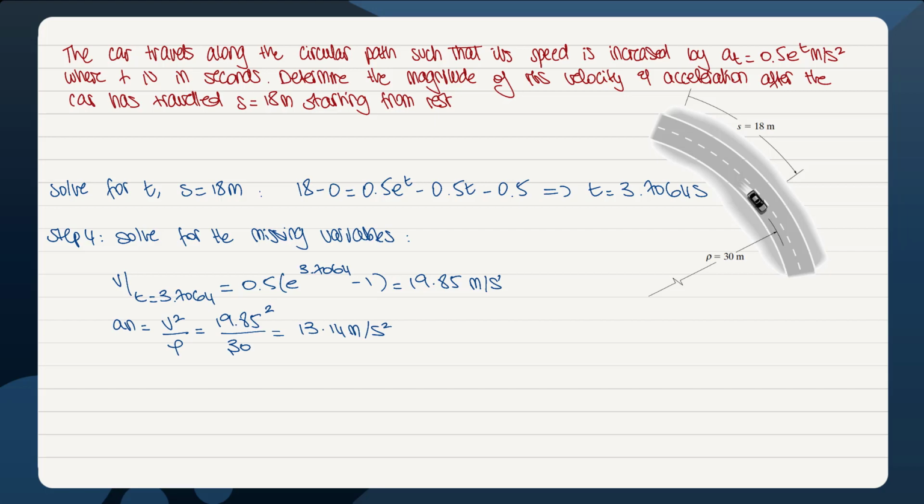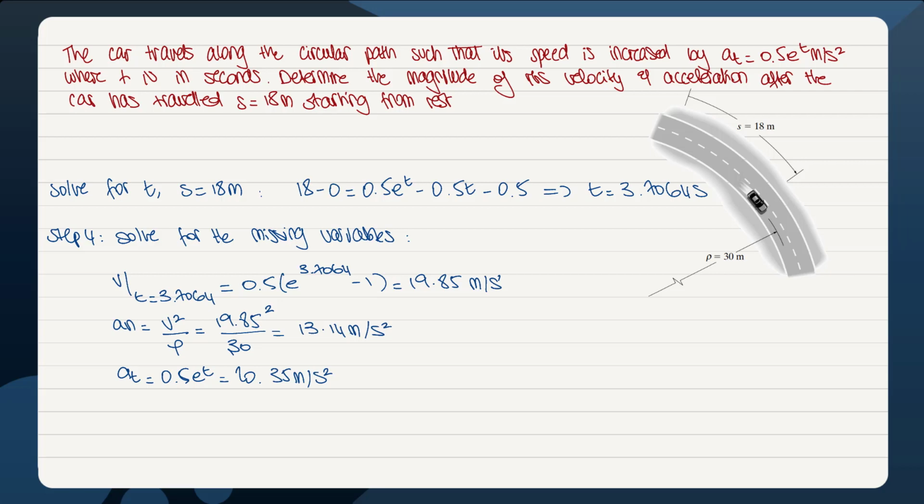Doing the calculation, we get an = 13.14 meters per second squared. Now to get at, we replace t with 3.7064 in the expression of at and get 20.35 meters per second squared.